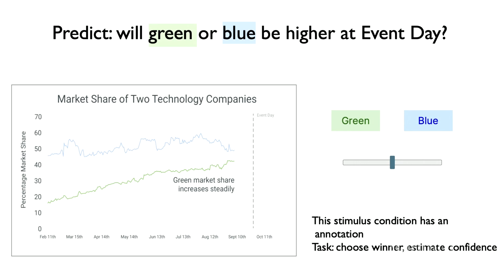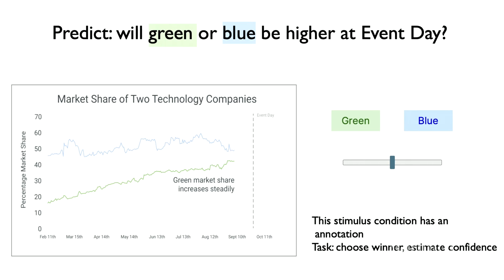For example, if we put something about the green here, like green market share increased steadily, and nothing about the blue, would more people switch to thinking green would win? What do you think? How many people think people switched their views when we put text like this on? And how many people think they didn't switch their views? So your hypothesis was the same as ours. People did not switch their views.